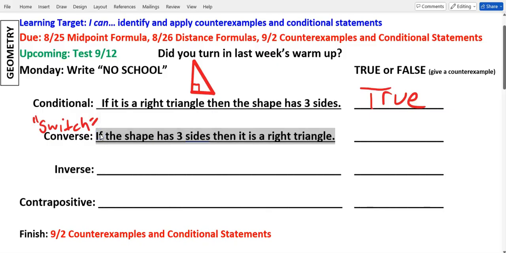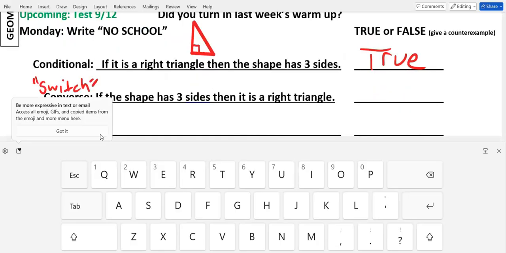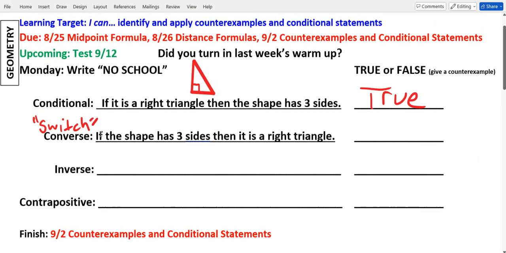If a shape has 3 sides, then it has to be a right triangle. Specifically. False, okay? There are 3-sided figures that are not right triangles. They are non-right triangles, right? The other types of triangles are obtuse, acute, equilateral, and I know we haven't gone over those yet per se, but we will, okay? Or maybe you have already gone over it in previous years, right?